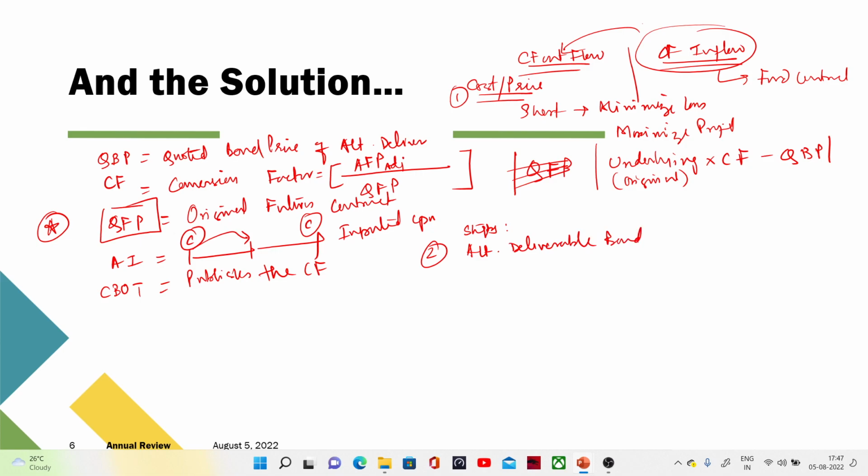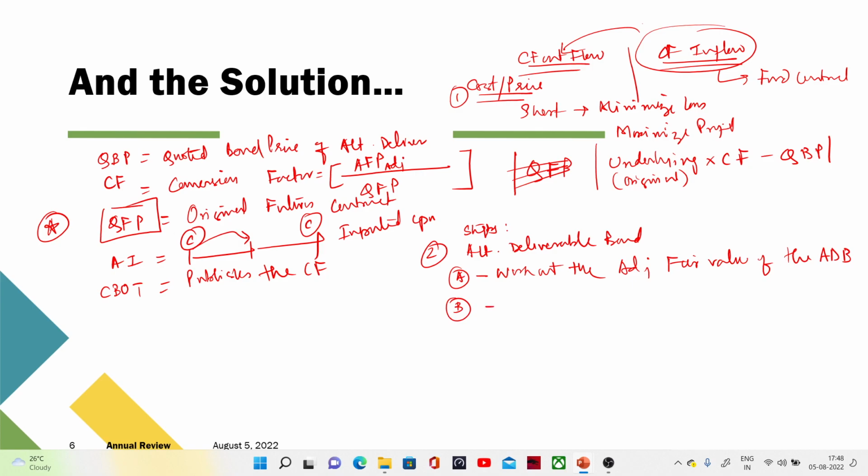So the first step is to actually work out the adjusted fair value of the ADB, the alternate delivery bond. Because unless you find out the alternate delivery bond's fair value, obviously you will not be able to find out the forward contract that could be synthetically written on it.